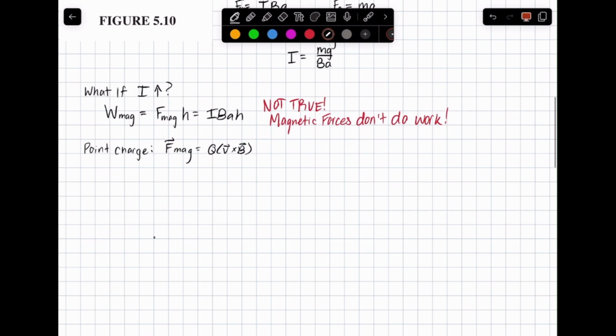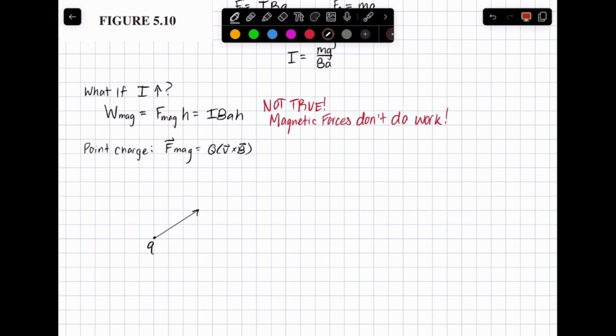And so when the charges are moving, or when the loop is forced upwards, we have now this velocity up and horizontally, right?